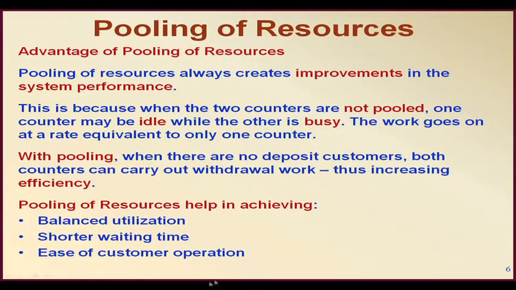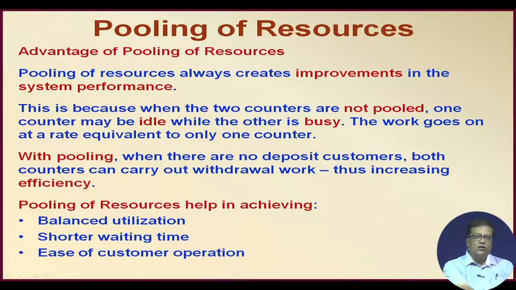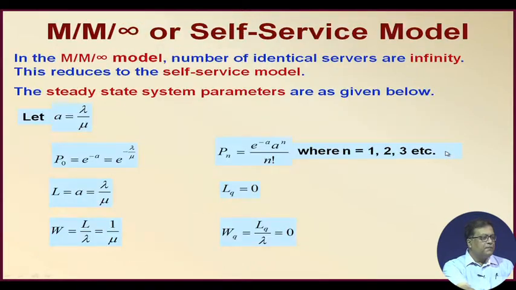Suppose you have to go to 5 directions and there are 5 different counters, how difficult it is. But today you can join any queue, any of the 5 counters, and get your ticket. So, that is the advantage of pooling of resources: balanced utilization, shorter waiting time and ease of customer operation.